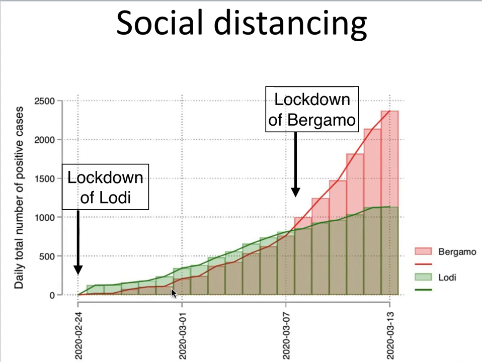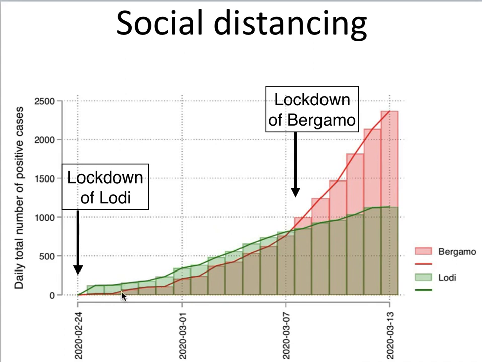These are the number of cases in Italy, and green is the city of Lodi, and red is the city of Bergamo. So Lodi decided to lock down the city and isolate everybody on the 24th of February, and this led to a decrease in cases two weeks later.